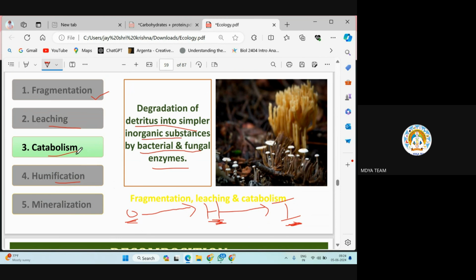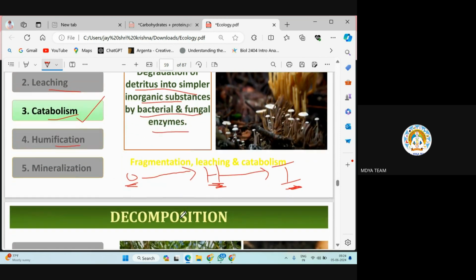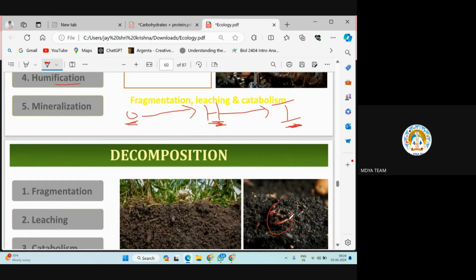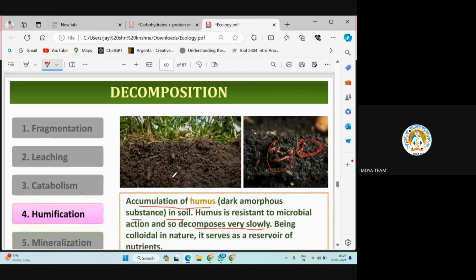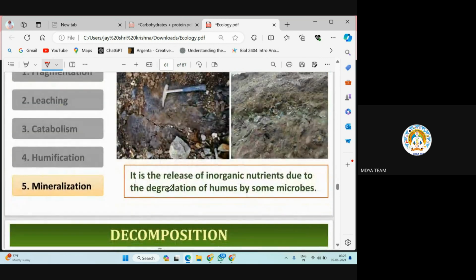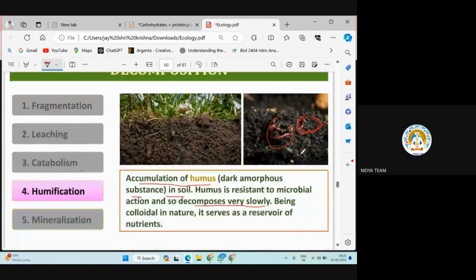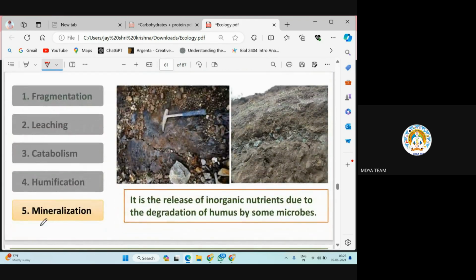This is a very fast process, and they will convert the plant leaves into this black amorphous solid. It is half degraded organic substance. After some time, the humus will be slowly degraded to inorganic substances, releasing all the minerals present in it. This is known as mineralization.